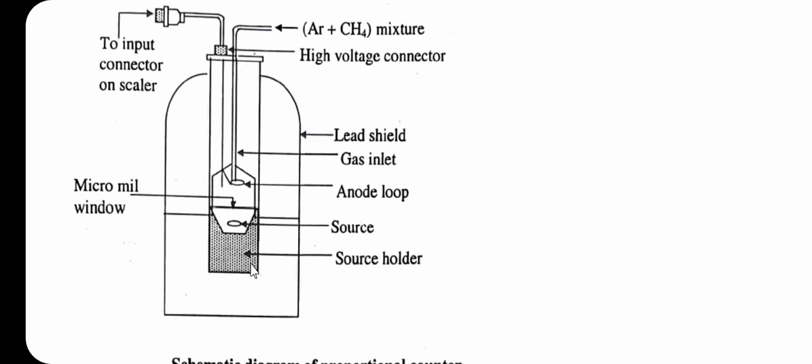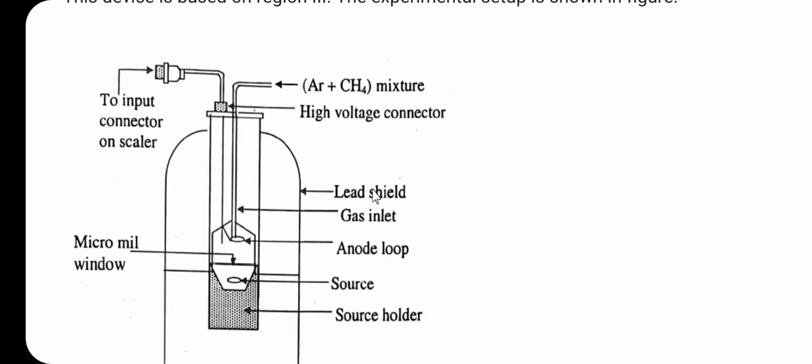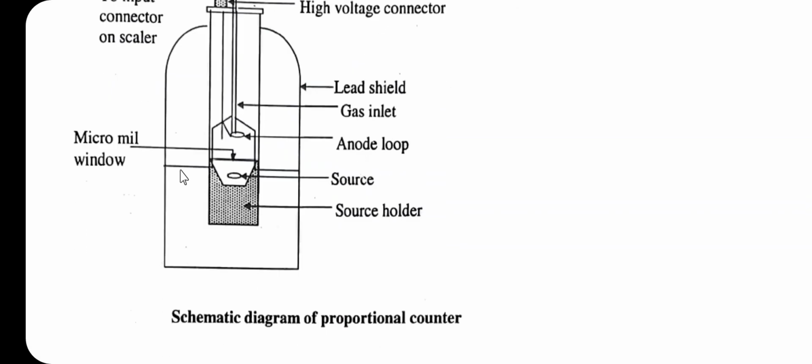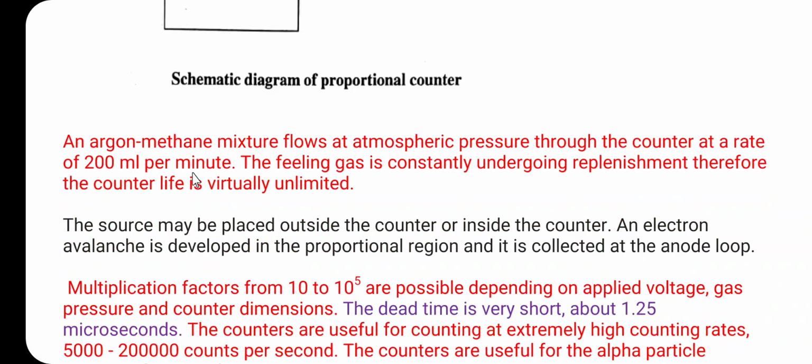This is a source holder, this is a source, this is a micro mill window, this is an anode loop which acts as one electrode, this is a gas inlet, this is a lead shield, then an argon plus methane mixture, a high voltage connector, and a 2 input connector on the scalar. So, this is the schematic diagram of the proportional counter.